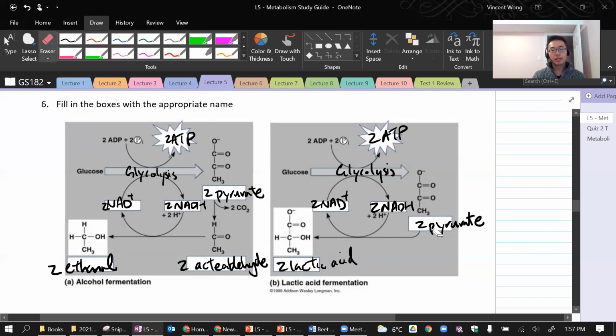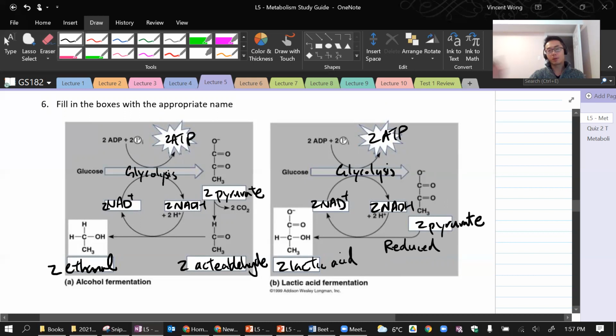So pyruvate is going to accept the electron from the NADH, and it's going to become lactic acid. So pyruvate is reduced into lactic acid. And the NADH is going to become NAD plus again. And the purpose of this is to allow you to keep glycolysis going.